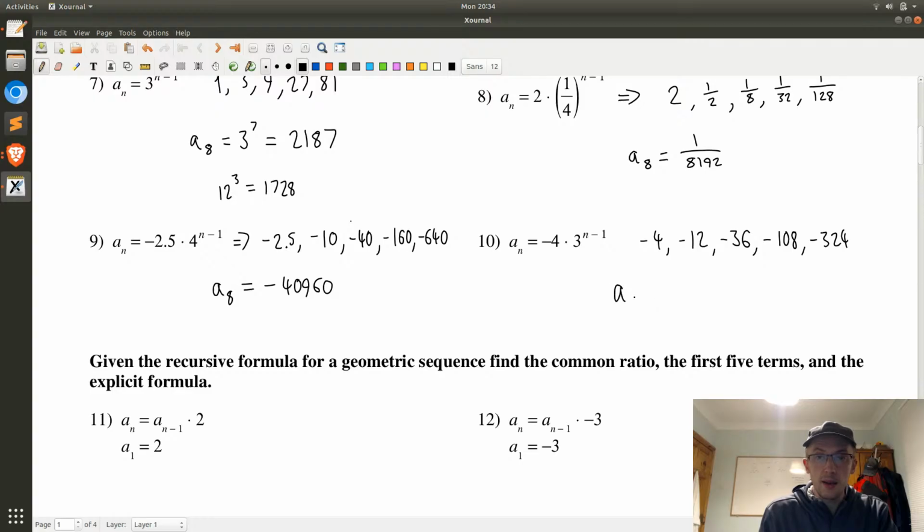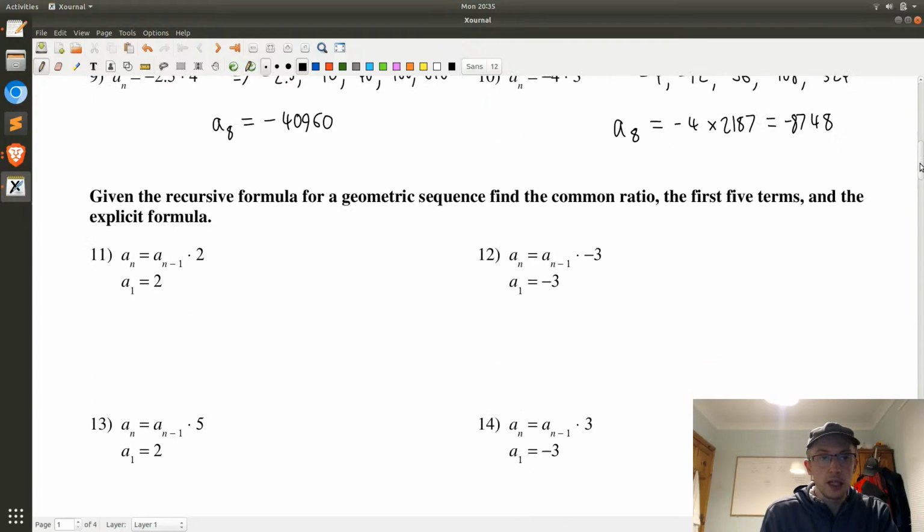To get the 8th term, they want us to do negative 4 times 3 to the 7, which is negative 4 times 2,187, which is going to be negative 8,748, like that, I believe.